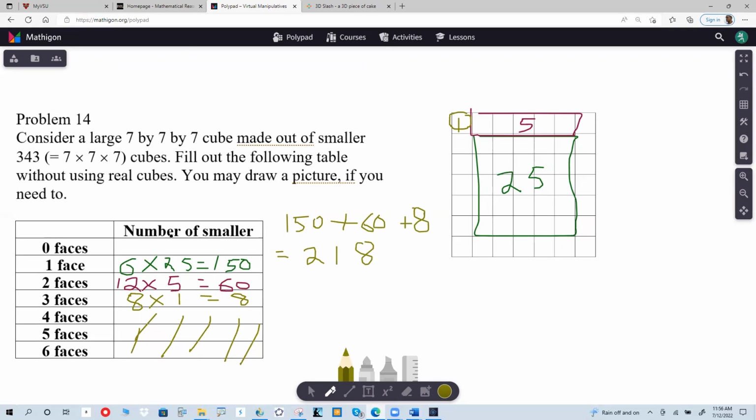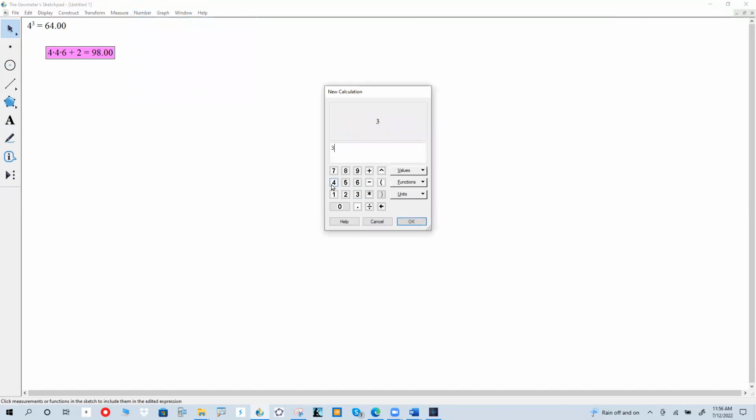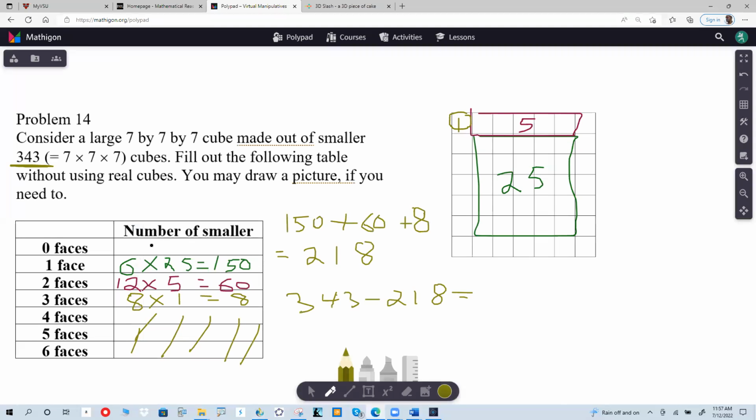All right, you have to subtract to find the 0 faces. You have to subtract 218 from 343. And I'm going to use my calculator. 343 minus 218 is 125. Okay, so this is 125.